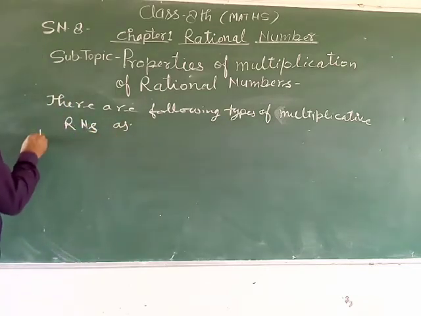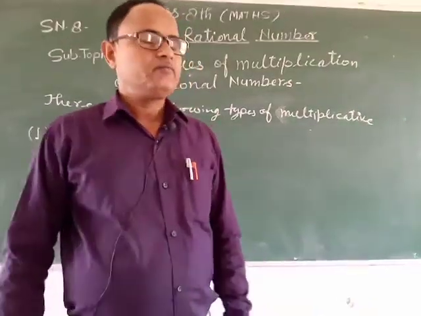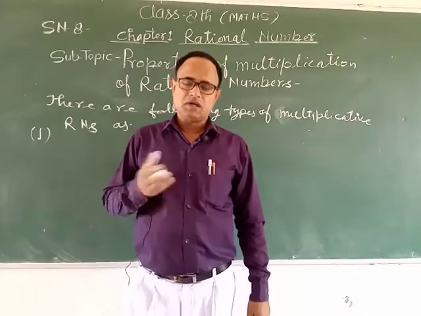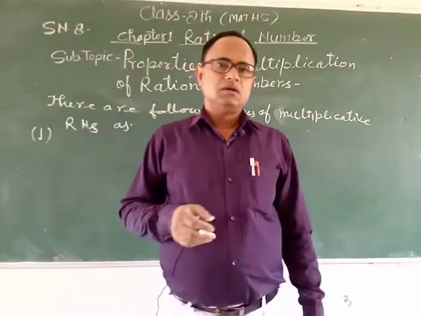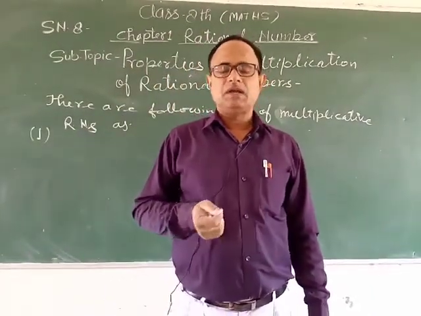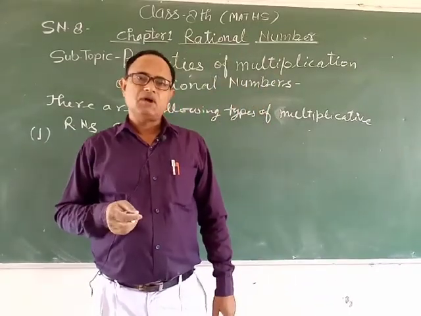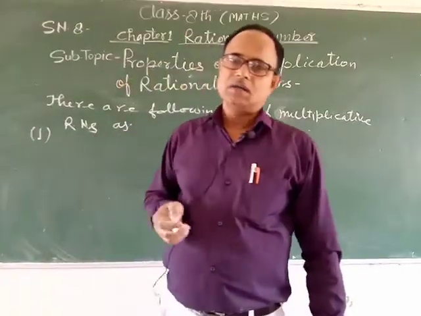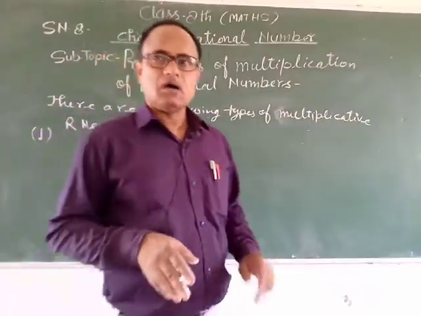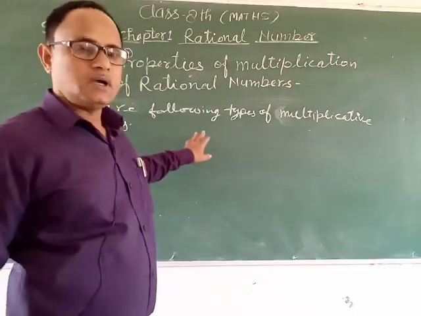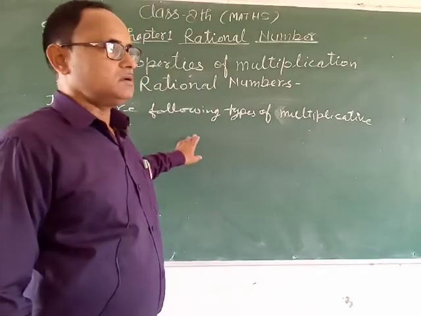First, closure law. Second, multiplicative commutative law, multiplicative associative law, multiplicative identity law, and multiplicative inverse law. These are the laws or properties to multiply rational numbers.